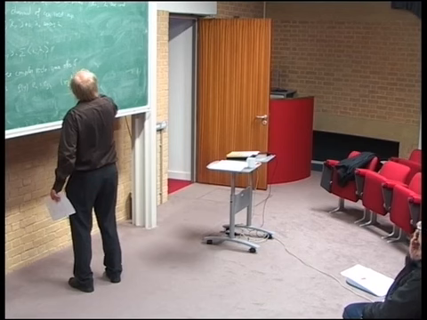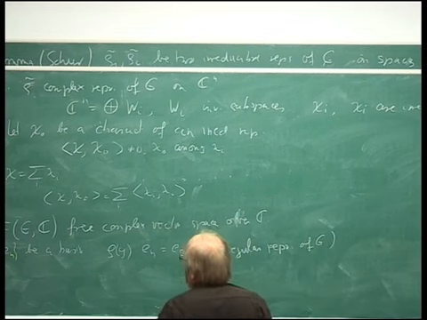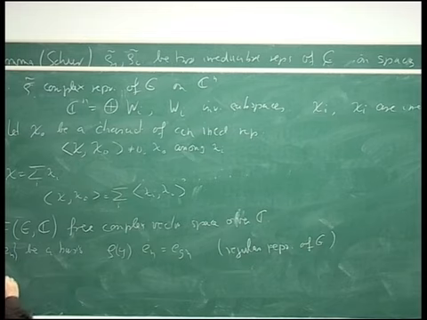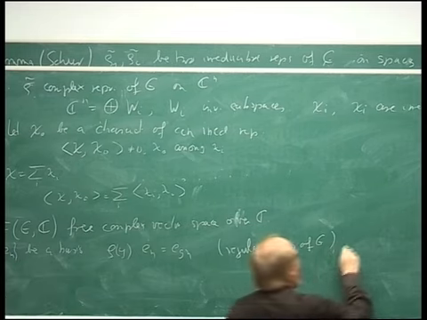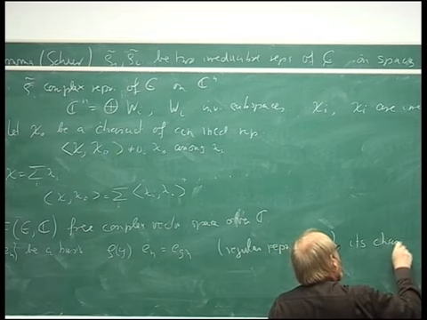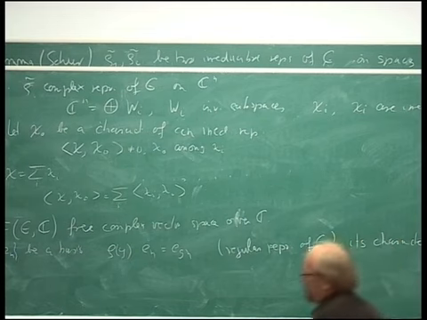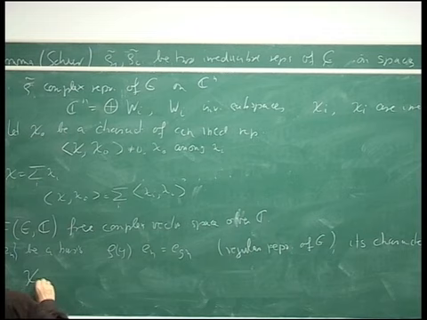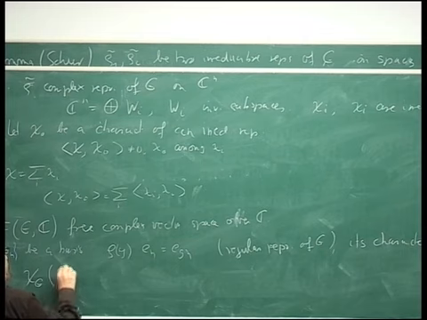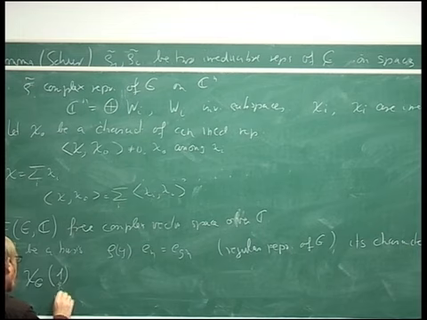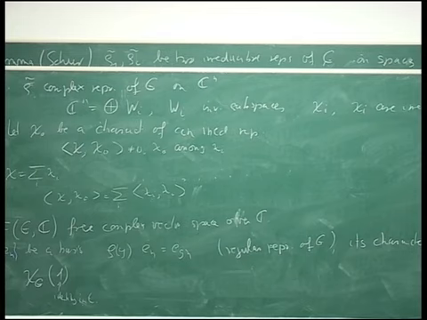Regular representation of G, and it has the following property, and its character is chi_G. So chi_G of the identity element of G is of course the dimension of this vector space.